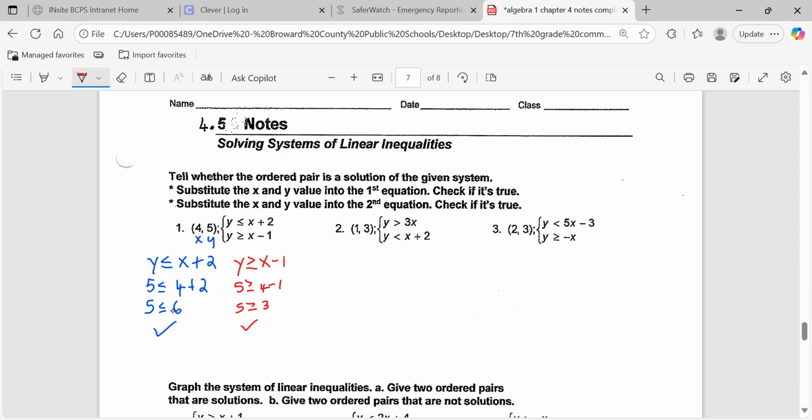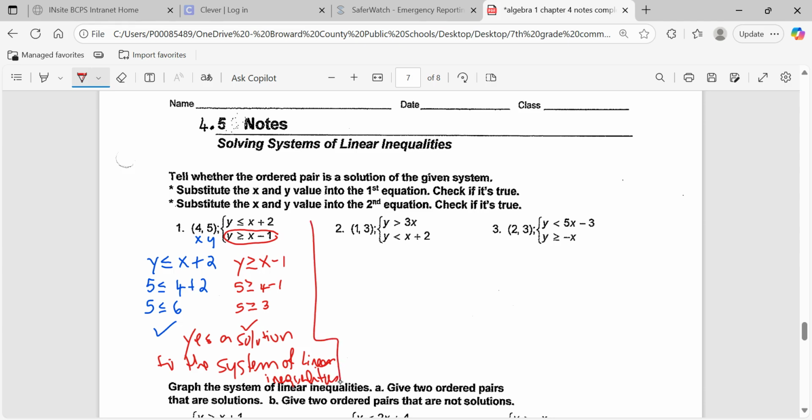Because it's a solution to the first one in blue, and because it's a solution to the second one in red, I know, yes, 4, 5 is a solution to the system of linear inequalities.